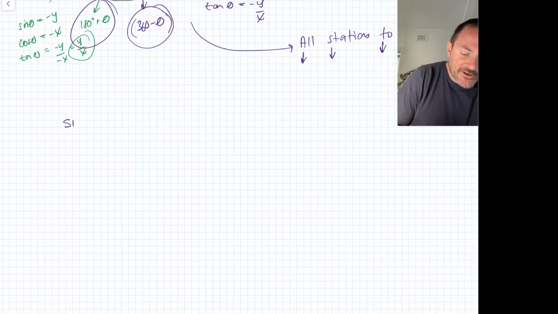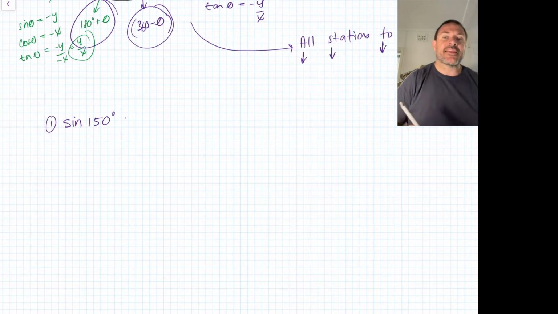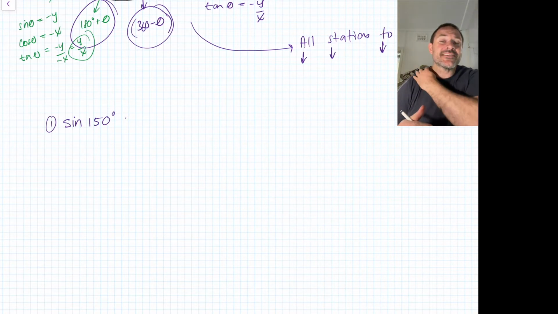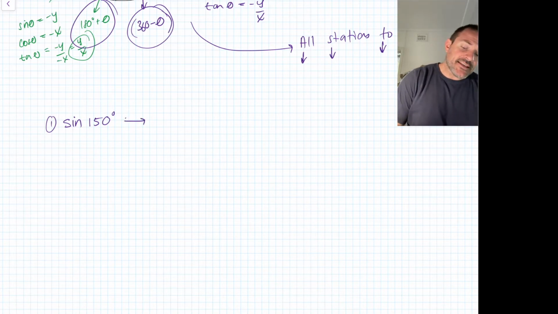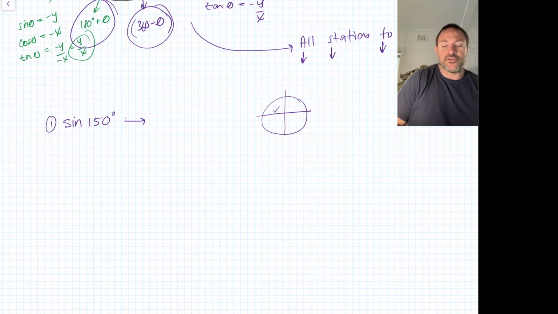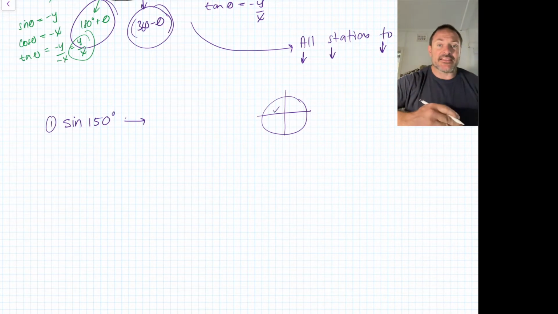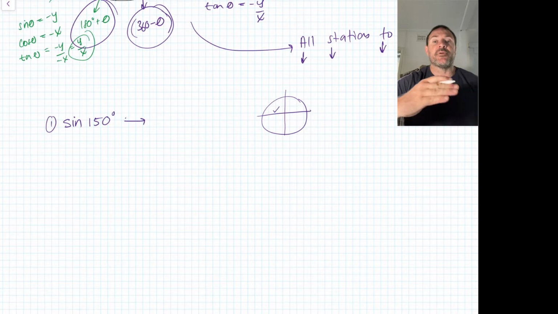So let's say, for example, we want to find the exact value of sine 150 degrees. We've already done this. This was our supplementary angles, our obtuse angles. So this is in the second quadrant. We know it's in there because it's less than 180 degrees, but it's more than 90, so it's an obtuse angle.